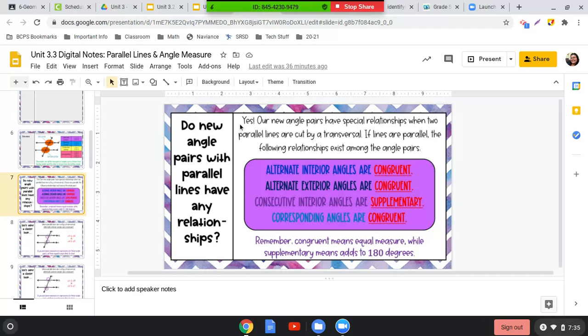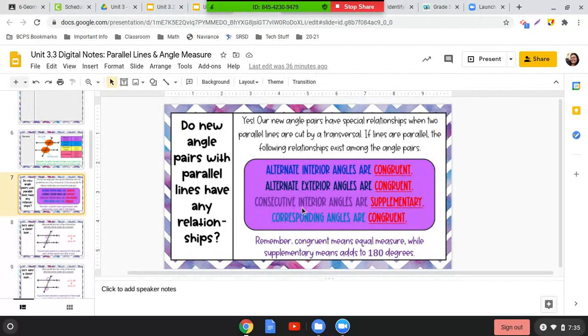Our new angle pairs have special relationships when parallel lines are cut by a transversal. If the parallel lines are cut by a transversal, the following relationships exist among the angle pairs. Alternate interior angles are congruent. Alternate exterior angles are congruent.